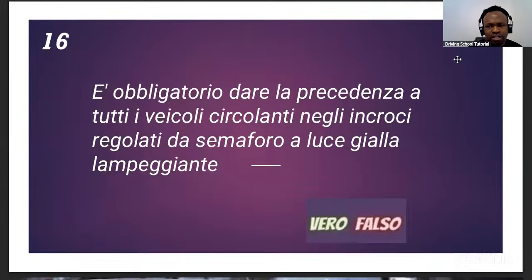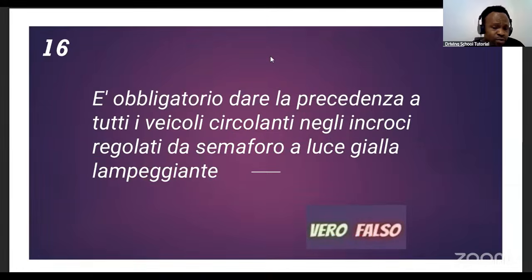So question number 16, sorry, which is our question number 6 of today. It said, è obbligatorio dare la precedenza a tutti i veicoli circolanti negli incroci regolati dal semaforo a luce gialla lampeggiante. Is it vero or falso? Okay, somebody even testified to that sign. Said, yes, it's in Rome, because I've seen it there. Thank you so much for that.